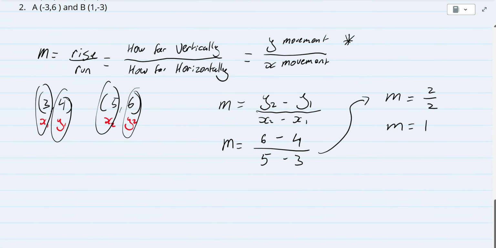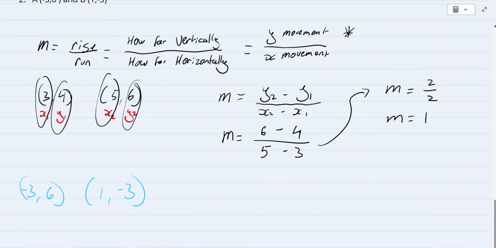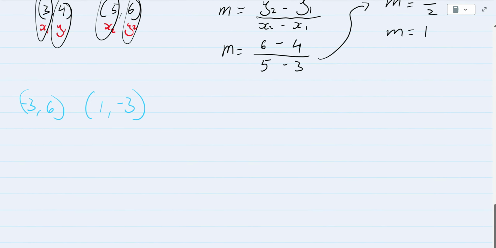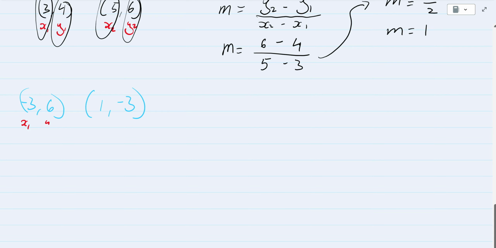In the second question, we have -3 and 6, 1 and -3. So again, I'm going to label these so I don't get confused. x1, y1, x2, y2.